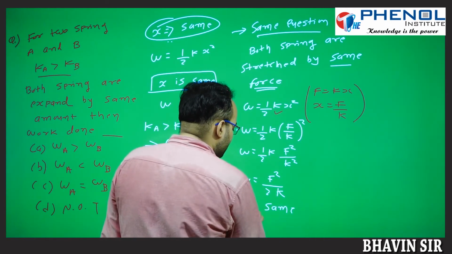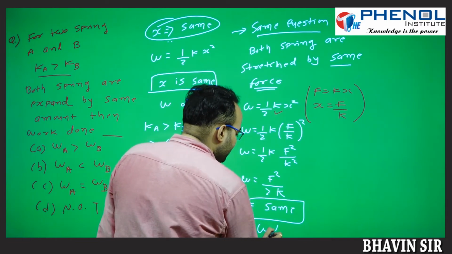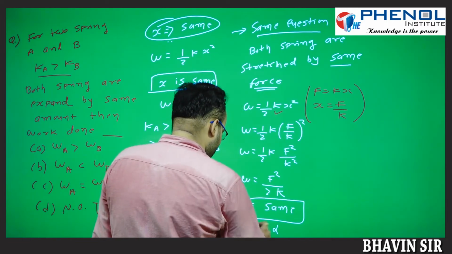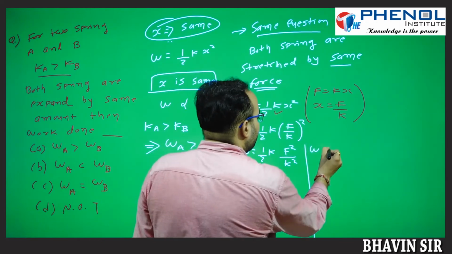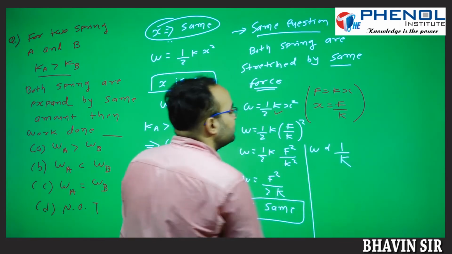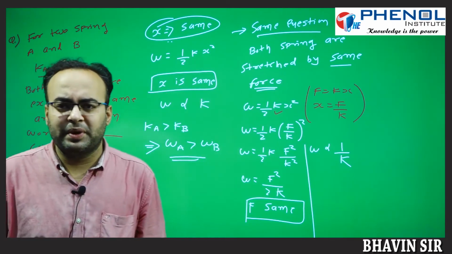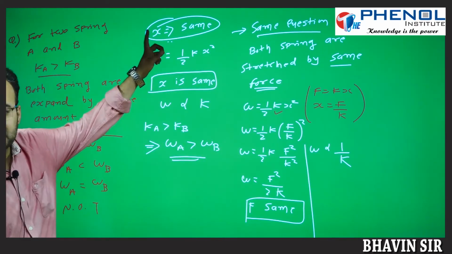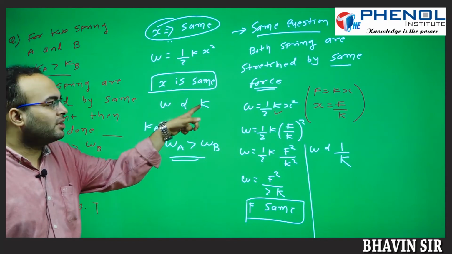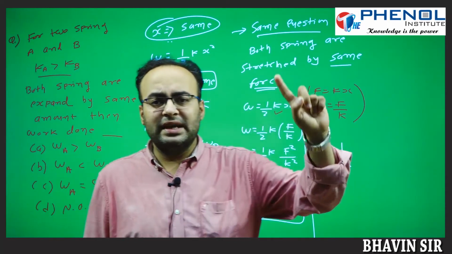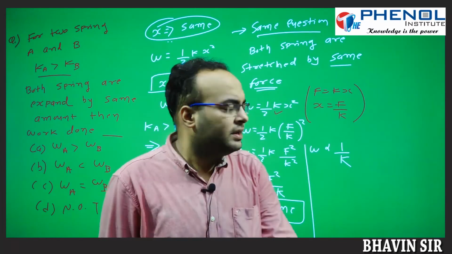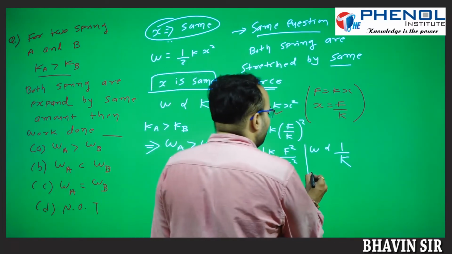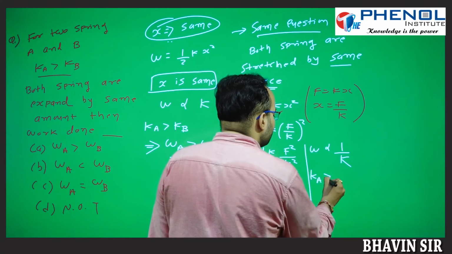Force is the same. So what is the relation? Work done is inversely proportional to the spring constant. See, if displacement is the same, they are directly proportional. If force is the same, both are inversely proportional. Okay. So which has the more spring constant?